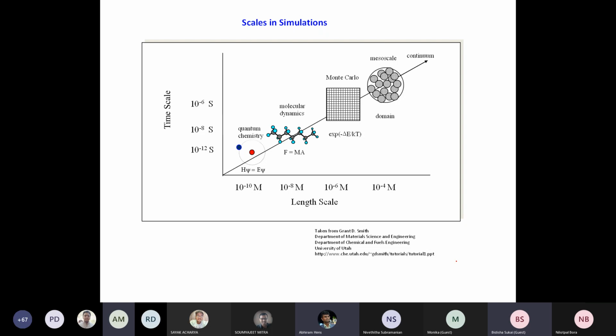For example, suppose you are investigating a chemical reaction. What is happening in a chemical reaction? Some bonds are broken and some bonds are being formed, and you are getting some product. Now, can you imagine at what length and time scale this phenomenon is happening? Can anyone give me an idea?